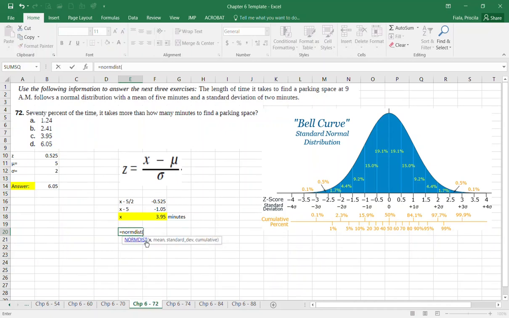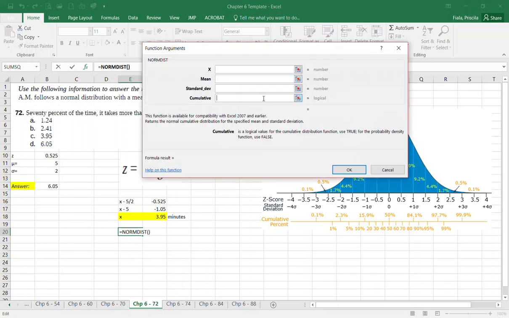As long as you have the x, the mean, and the standard deviation, it explains each one when you put in the formula. For the probability density function, which is the one that we use, you would put false. So you always would be using false on this part right here, but you would have to have your x value, your mean, and your standard deviation.